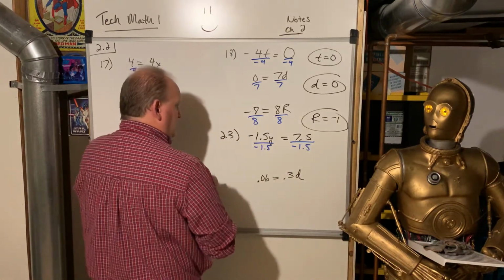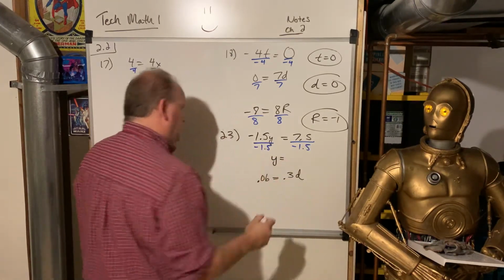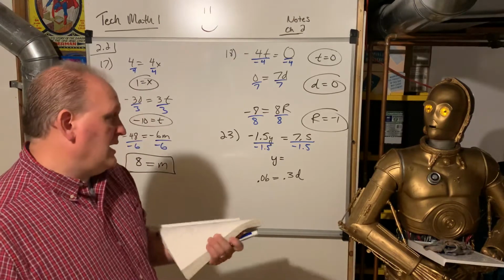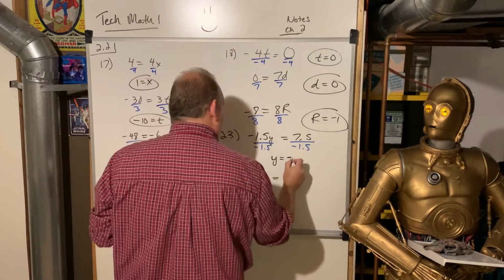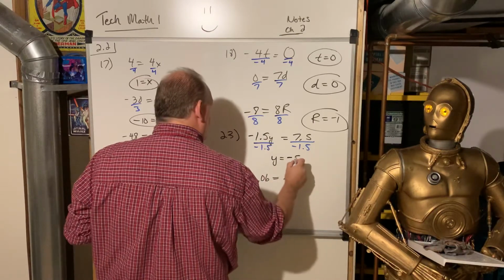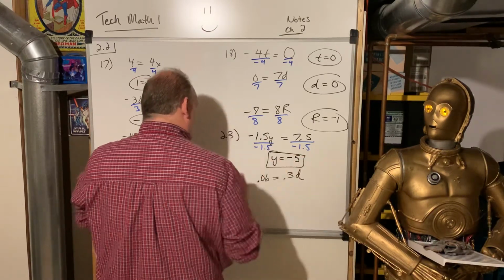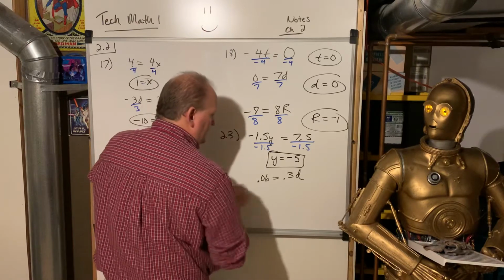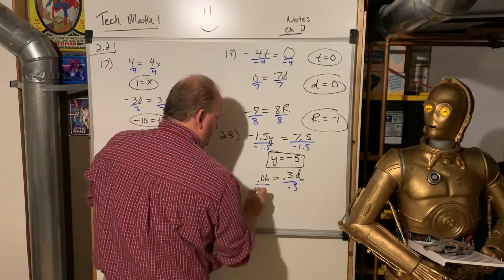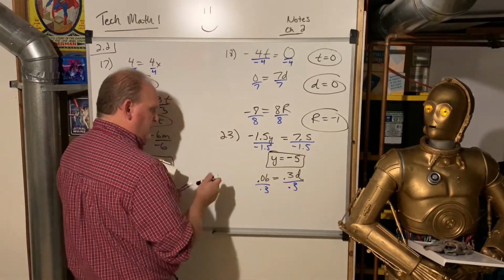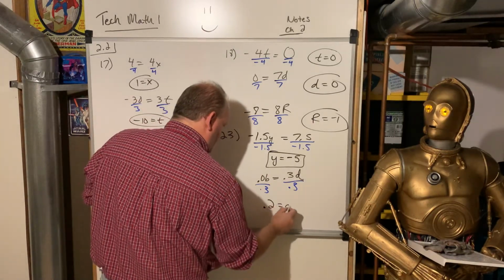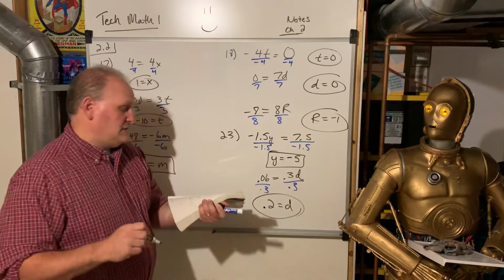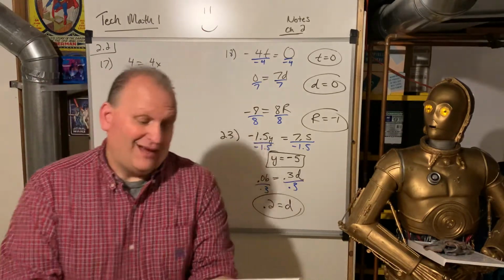I think that one goes evenly. Let's see, y is equal to, this would be where you would bust out your calculator and do 7.5 divided by negative 1.5. That is negative 5. And this one, we divide both sides by 0.3, and that would be 0.2. I think, is that right? Yep, 0.2. All right.